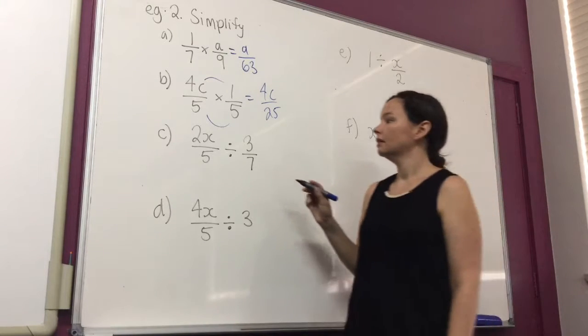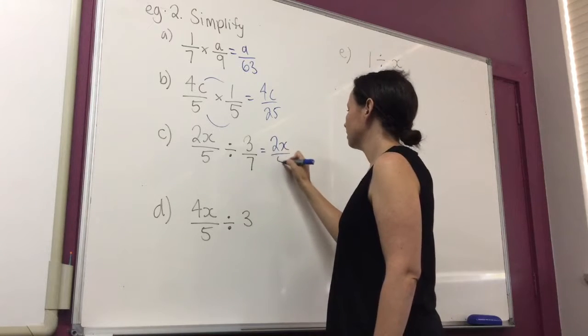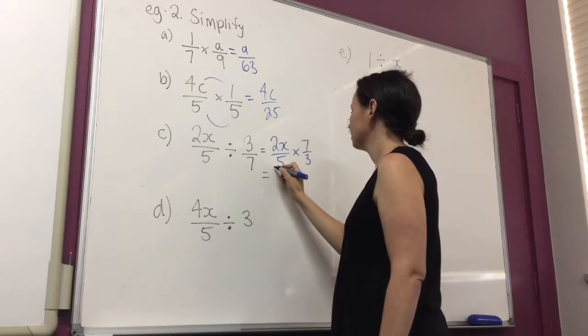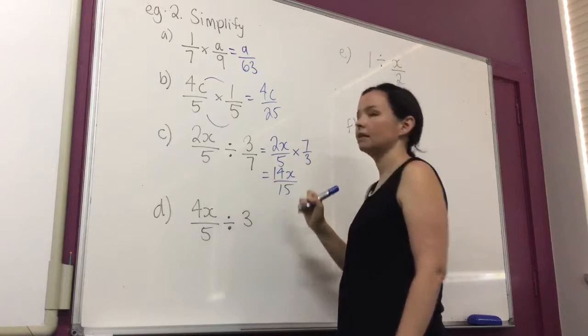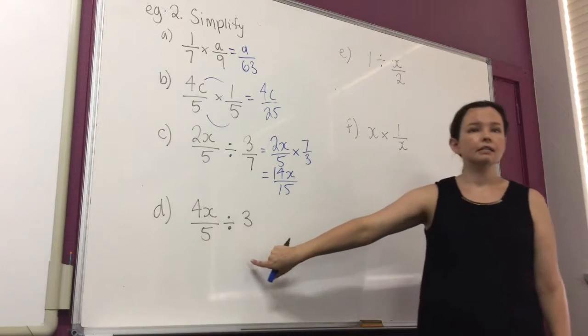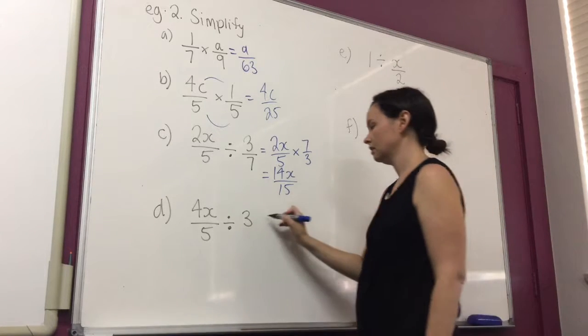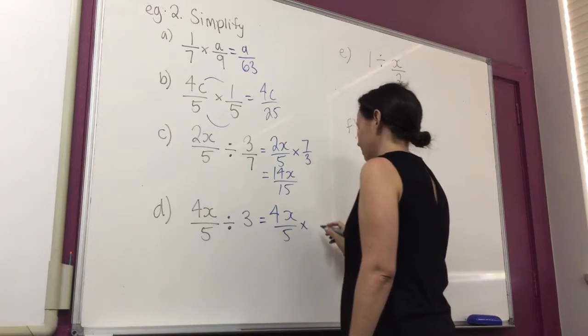Can I do the next one? Yes. Okay, so you have to do 2x over 5 times 7 over 3. Yeah, good. And that will get you 14x over 15. Excellent. Part D is kind of hard. So we go 4x over 5 times 1 over 3.